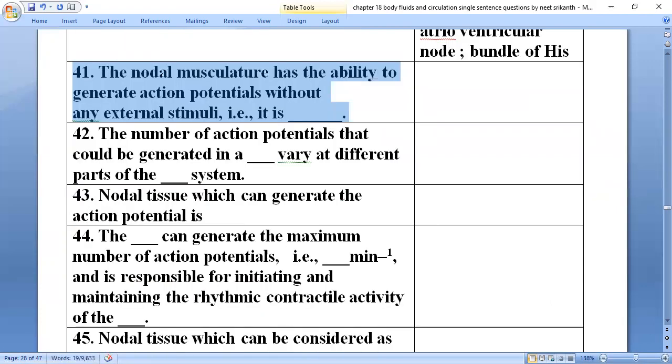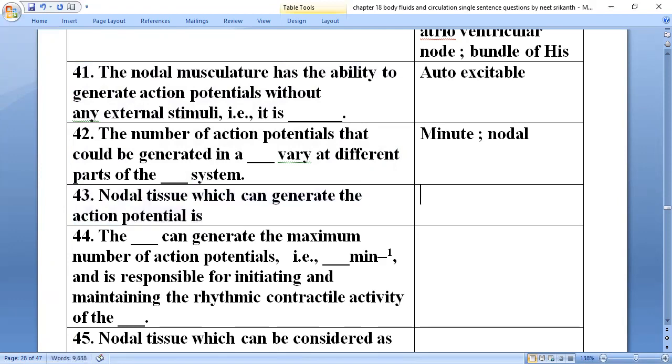The nodal musculature has the ability to generate action potentials without any external stimuli. Hence, it is said to be auto-excitable. The number of action potentials that could be generated in a minute varies at different parts of the nodal system.